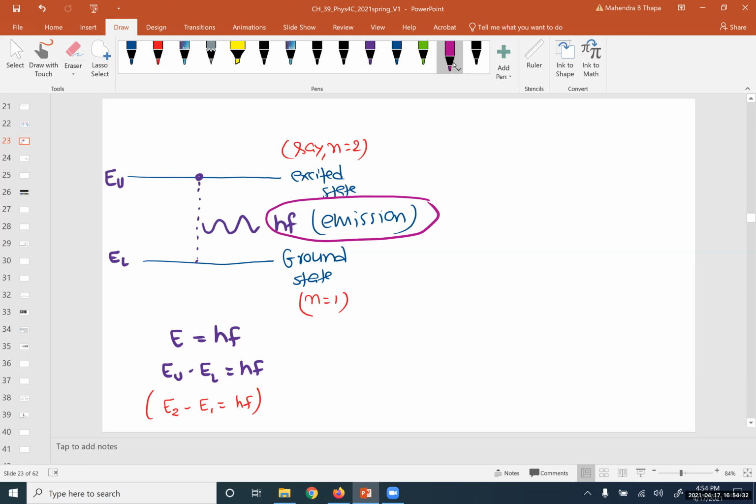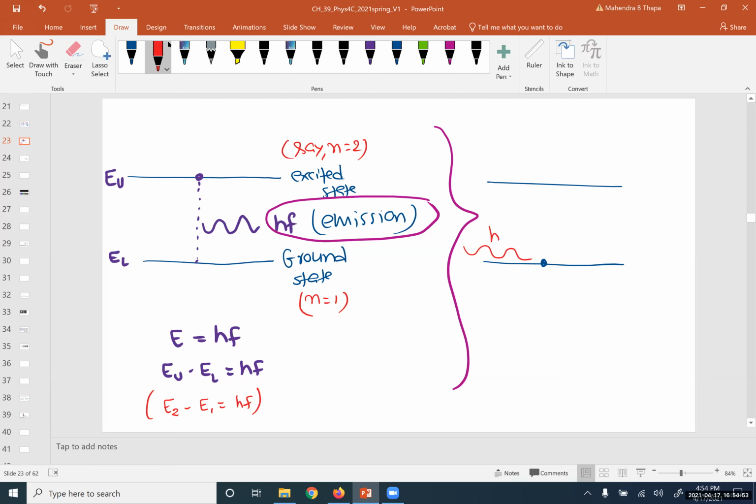The other way around, we can think of the same situation but slightly different, in the way that now we have the electron at the ground state. Okay, ground state. If we supply an external photon of energy h times f, then it absorbs this photon, then it could jump to a high energy level.